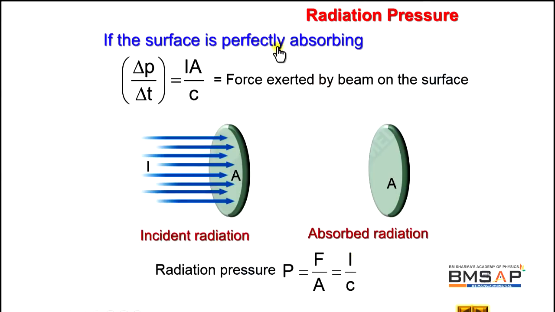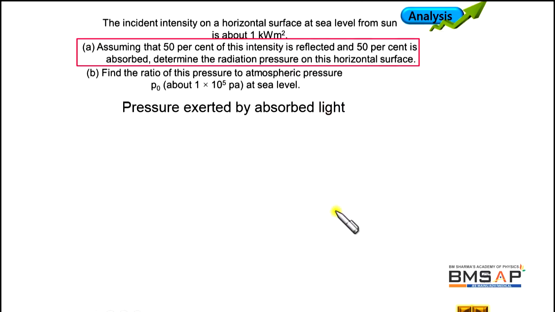So, this is the radiation pressure when the radiation is 100% absorbed. But in our case, it is reflected 50% and absorbed by the surface 50%. That means the pressure exerted by the absorbed light should be 1 by 2 multiplied by I divided by C. I is the intensity, C is the velocity of light.